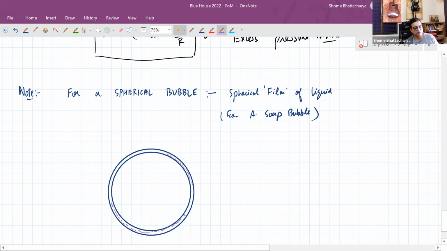There is a spherical thin shell or a film of liquid. So it has got two surfaces of liquid.